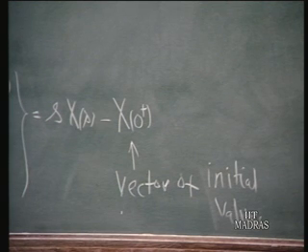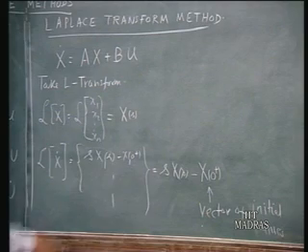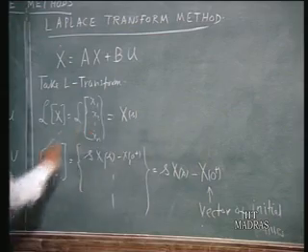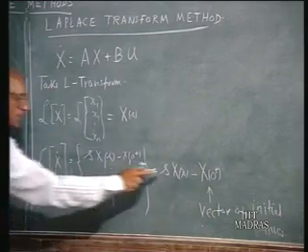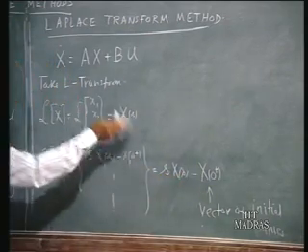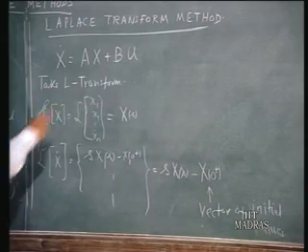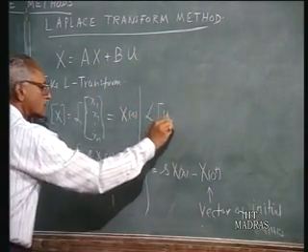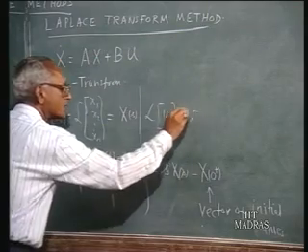x is the state vector as a function of time, and x(0+) is the state vector at time t equals 0 plus. So we have the Laplace transform of x as X(s), the Laplace transform of x dot as sX(s) minus x(0+), all n-vectors, and the Laplace transform of u, which we will call U(s).